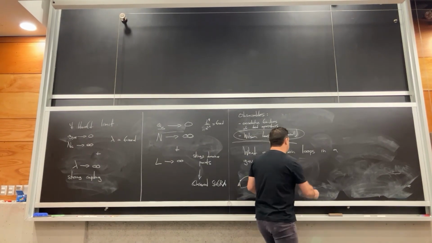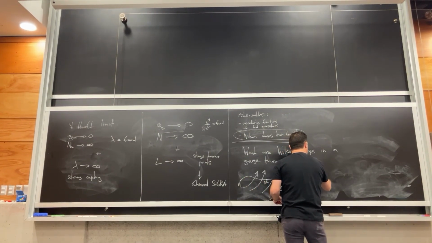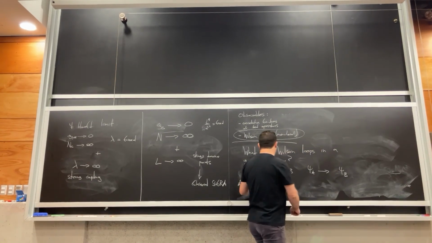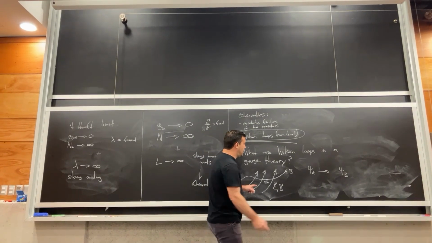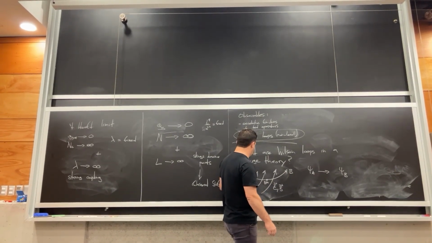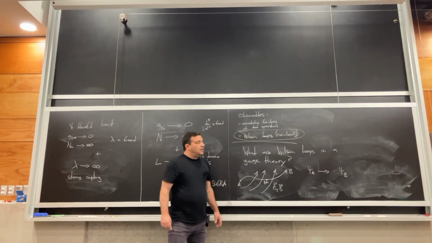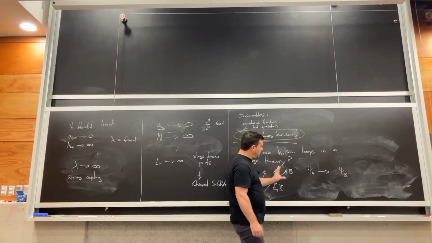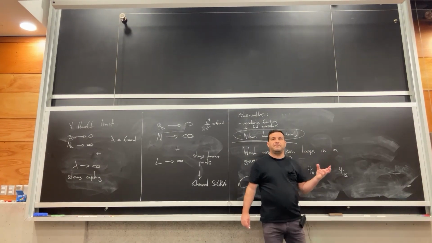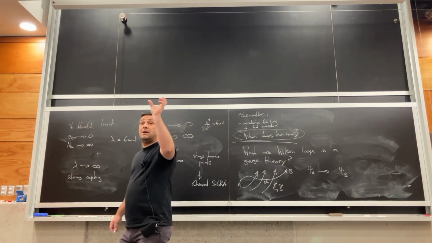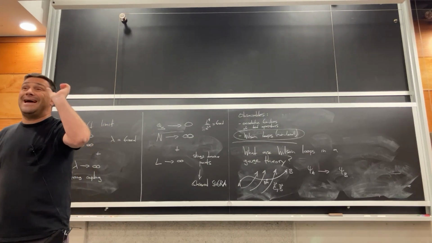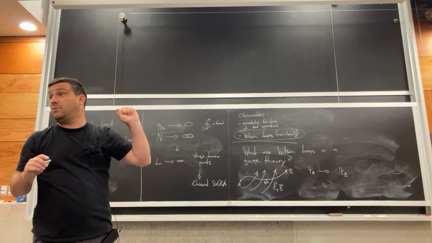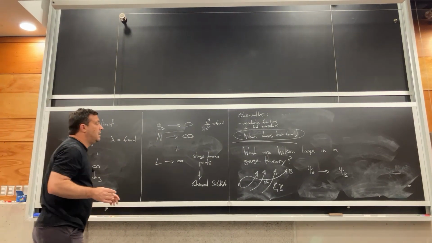Well, the wave function acquires a phase. And that phase is equal to the action of the particle along the path on which it moved. So this is just standard quantum mechanics.